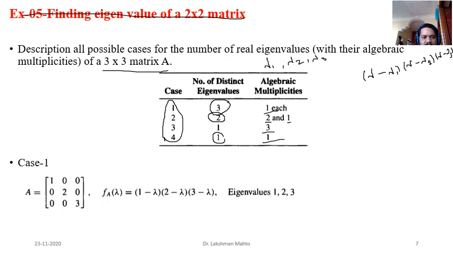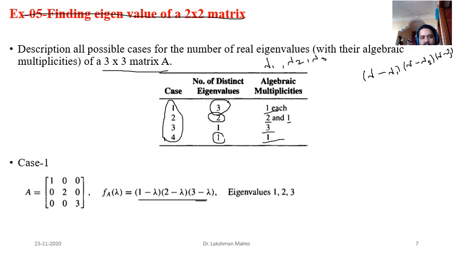So suppose we are taking a diagonal matrix whose diagonal entries are 1, 2, 3. Easily we can see that the characteristic polynomial of this one would be this cubic equation, that is, lambda minus 1 into lambda minus 2 into lambda minus 3. I have taken the negative sign outside.